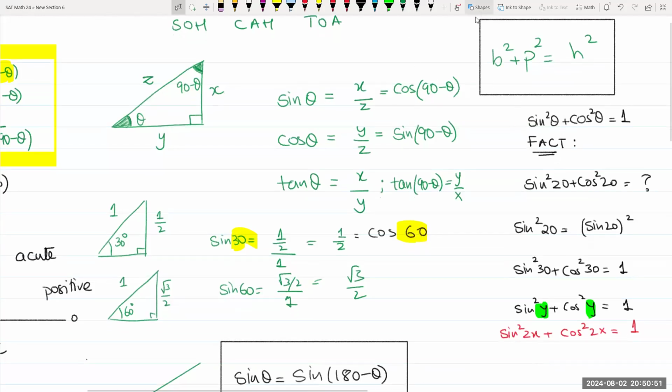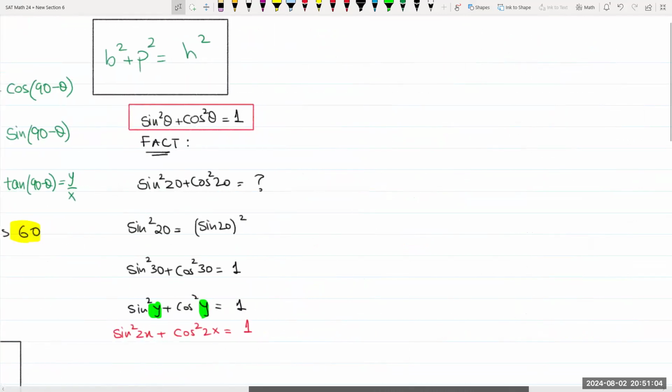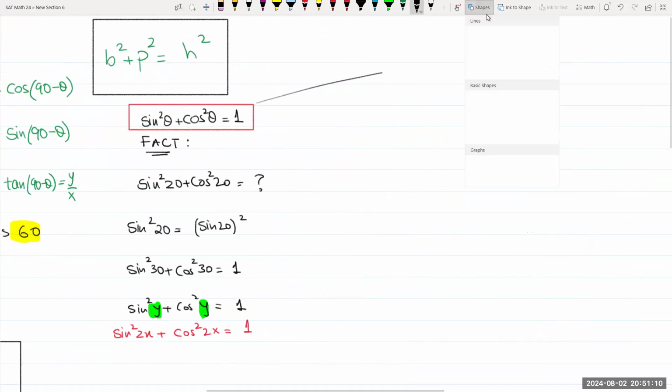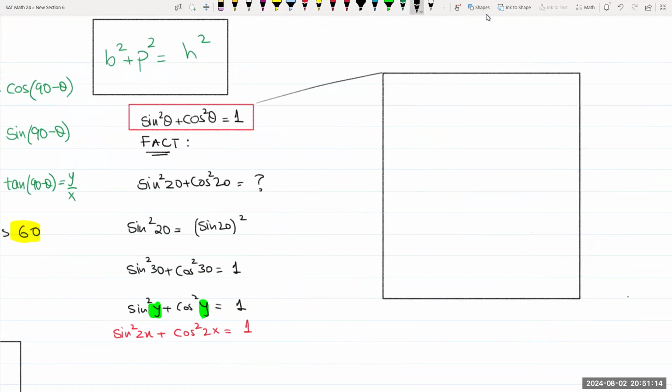Another very important rule which you guys need to know: sine squared theta plus cos squared theta is equal to 1. The small manipulations that College Board can go on to do, they aren't many. They're pretty small manipulations.